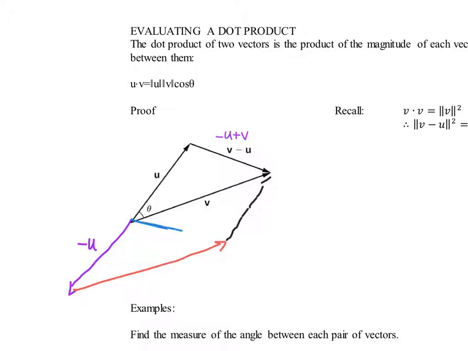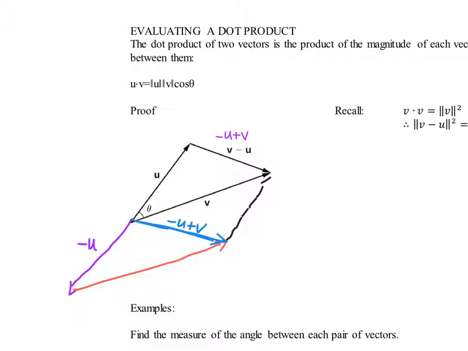And so this would be negative u plus v. All we're really doing is picking up that negative u plus v and putting it up over here because it would be congruent. Opposite sides in a parallelogram are congruent. We didn't have to go around the room for that one though. And so that closes the triangle.